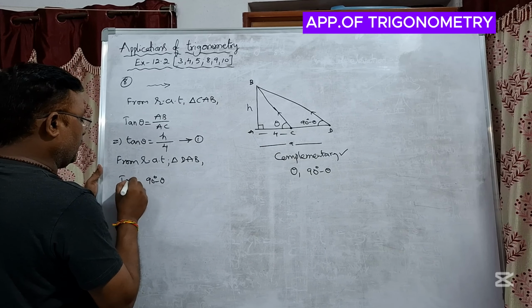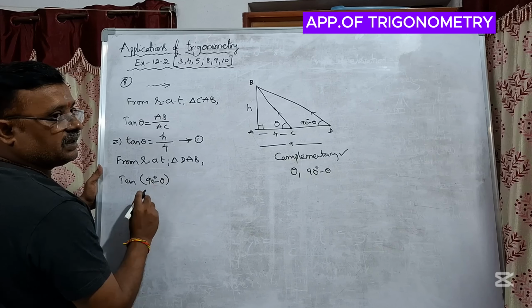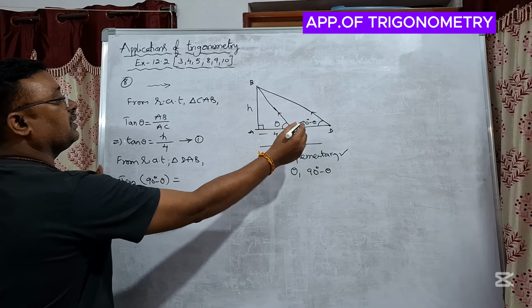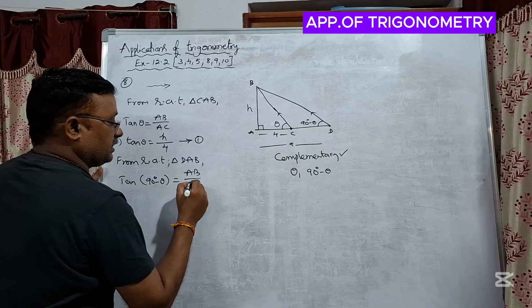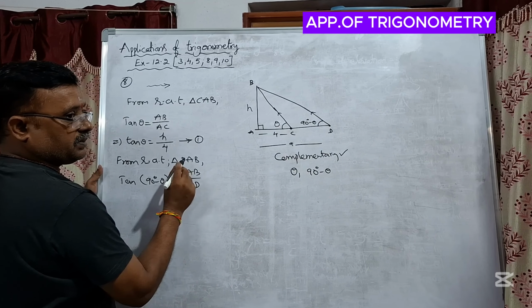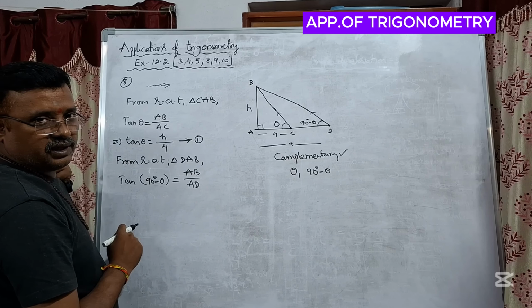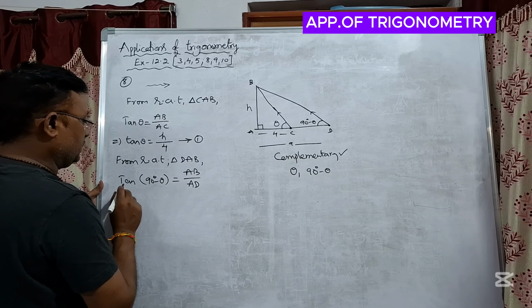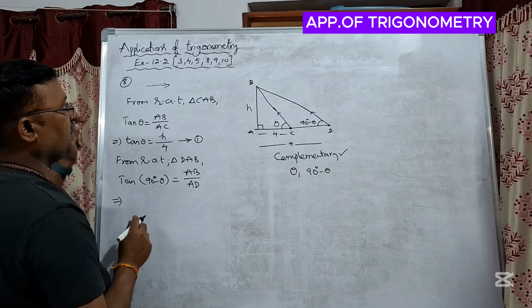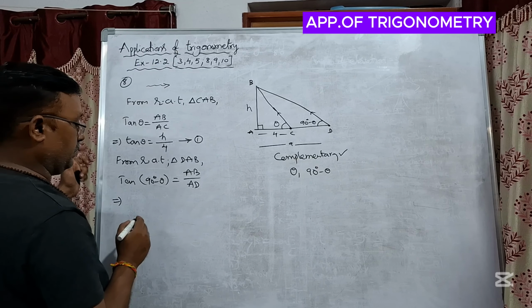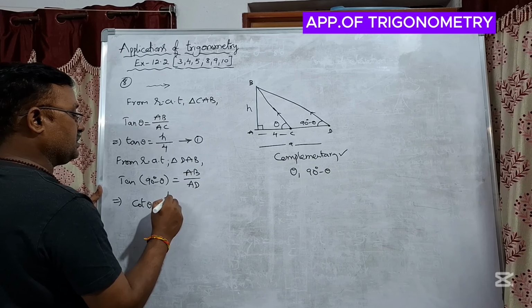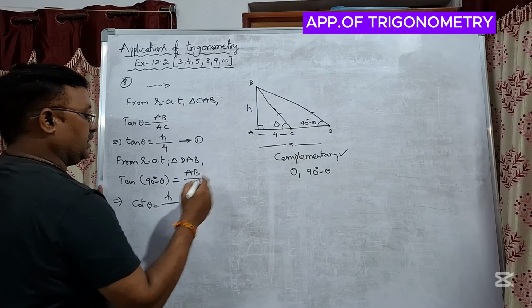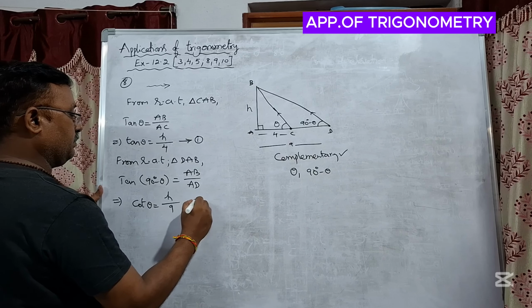So I will go for tan of that angle 90 minus theta equal to its opposite side AB by its adjacent side AD in this second right angle triangle. Understood, Nana? This implies tan 90 minus theta, that is cot theta, is equal to AB value small h by AD value we have 9. Let it be equation 2.